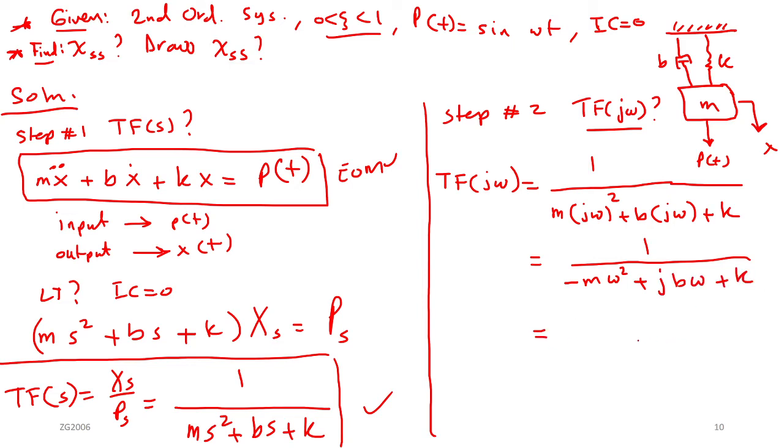Rearrange: write the real part together and the imaginary part together. This is k minus m omega squared, the real part, plus j b omega, the imaginary part. And this is your sinusoidal transfer function.